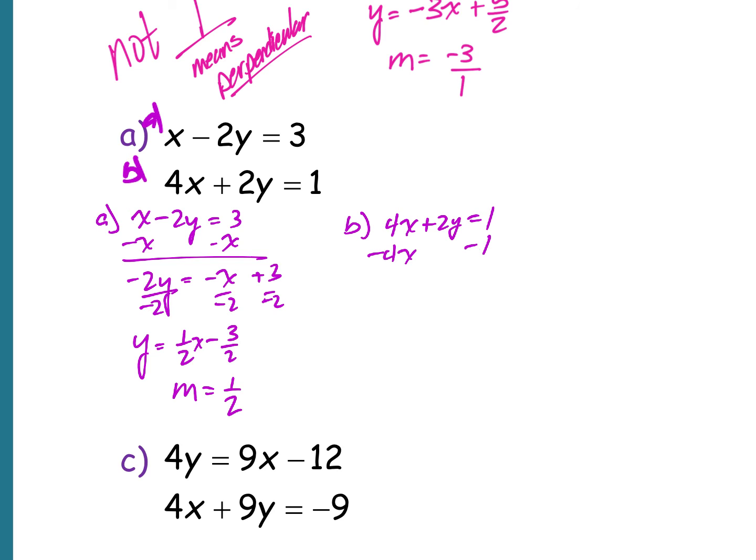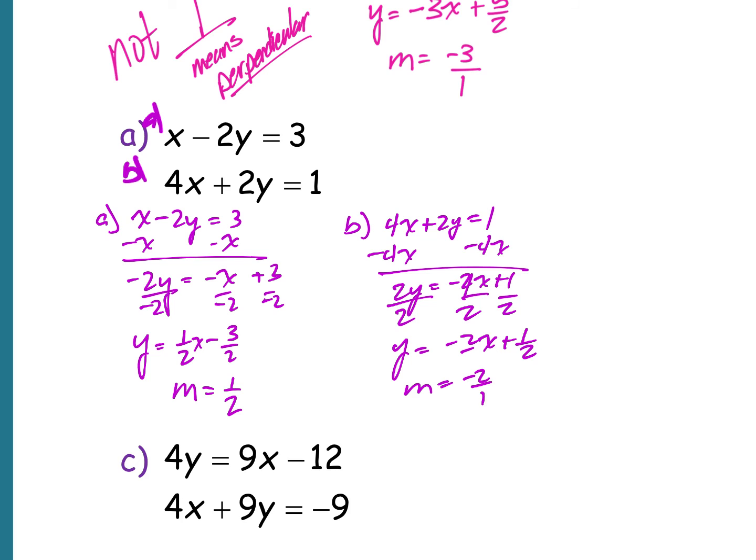Subtract 4x. 2y equals negative 4x plus 1. Divide by 2. Y equals negative 2x plus 1/2. Slope is negative 2 over 1. So this is perpendicular. Beautiful.